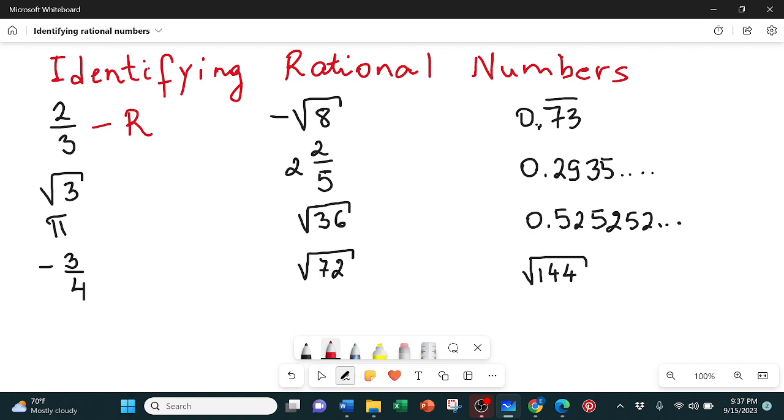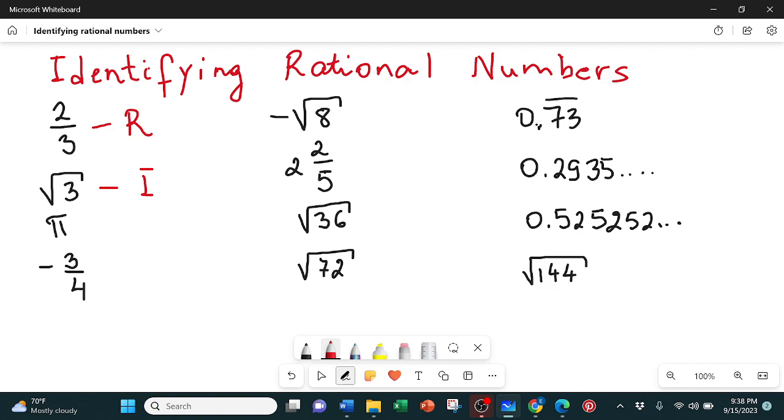So it's the square of a number. 3 is not a perfect square. The square root of a perfect square is going to give us a whole number. But the square root of a non-perfect square is not going to give us a whole number. It's going to give us a decimal number which is non-repeating and non-ending. So in this case, this number is an irrational number.